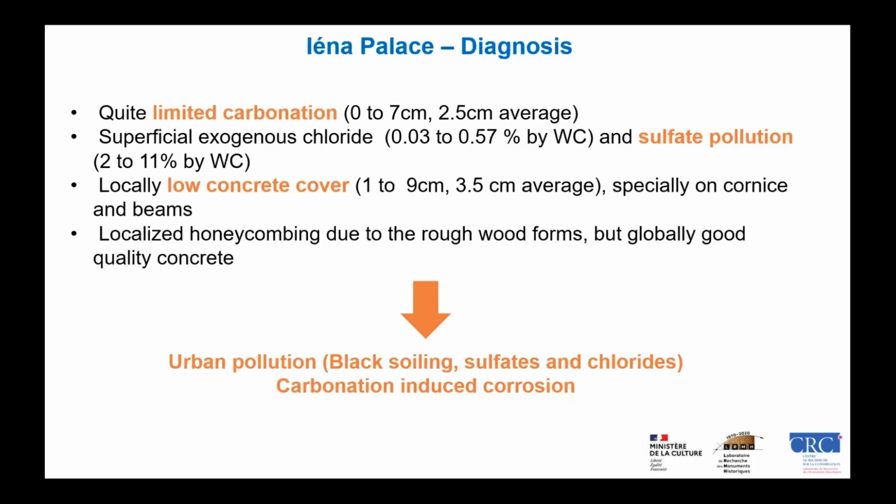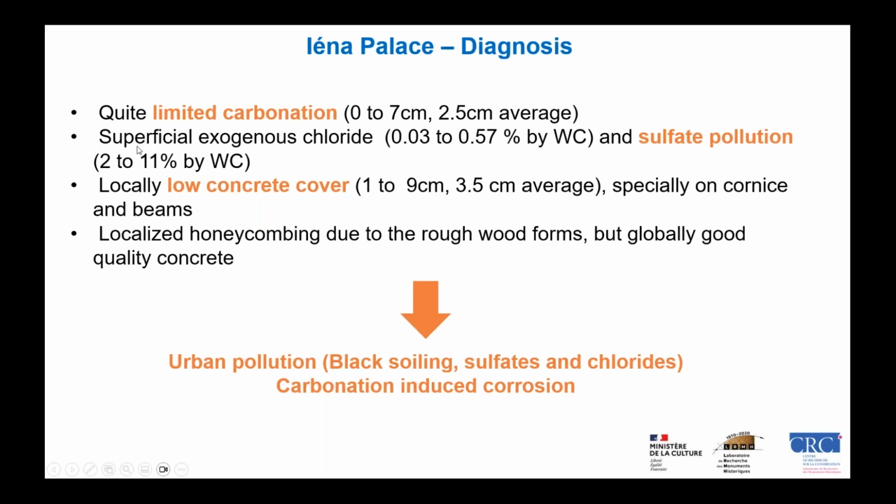So dealing with diagnosis, what we found is that the carbonation was quite limited. The average was 2.5 centimeters, but it could go up to 7 centimeters in some areas. We had a superficial exogenous chloride pollution and quite a high sulfate pollution due to the urban environment.